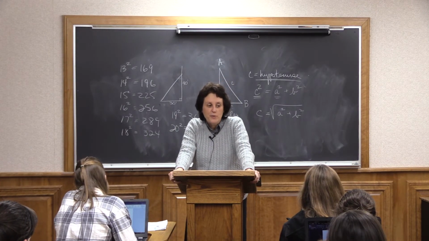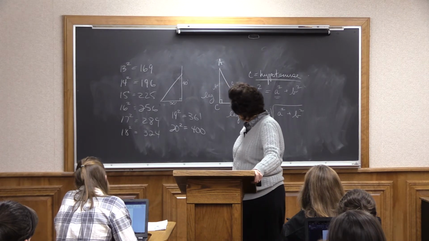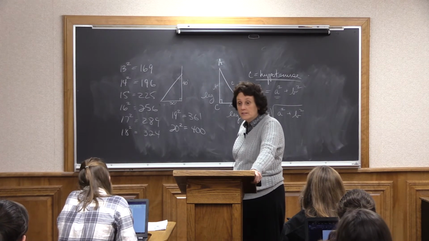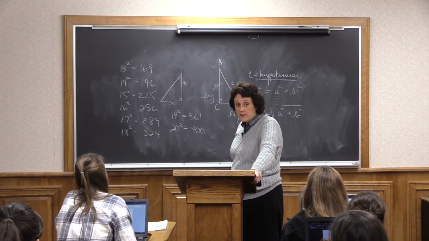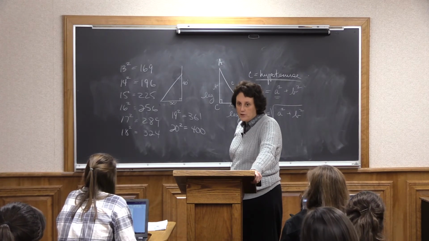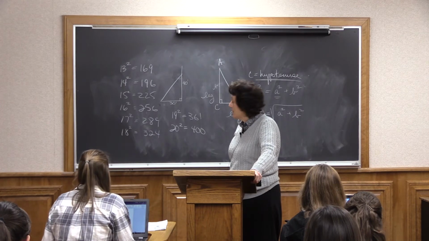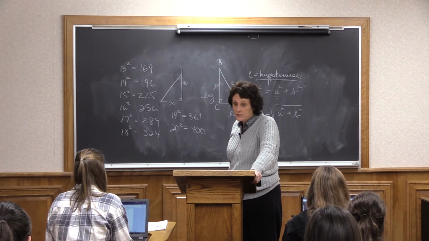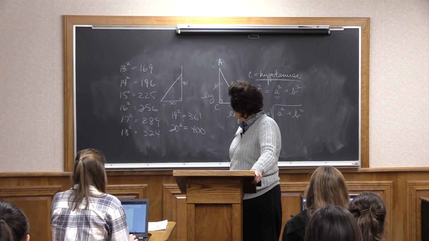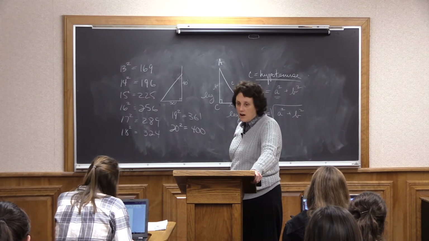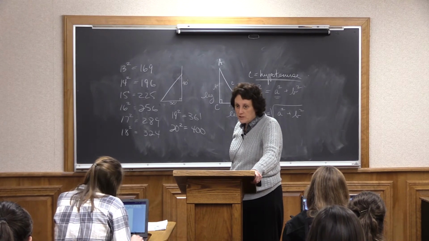All right, so 20 squared is 400. And so before we teach this in 7th grade, we have to go through squares and square rooting. And we have to first recognize and understand what a perfect square is, and then recognize our upper perfect squares.